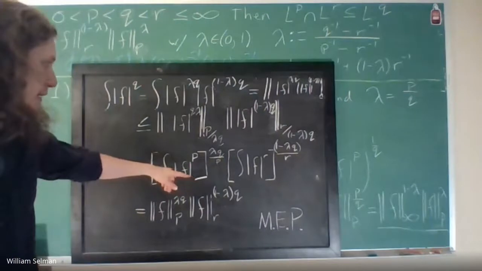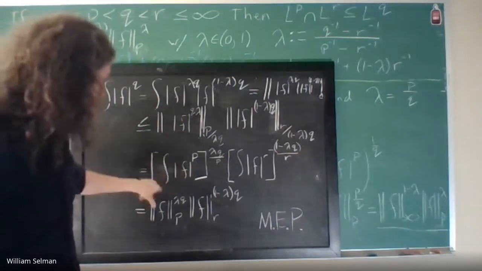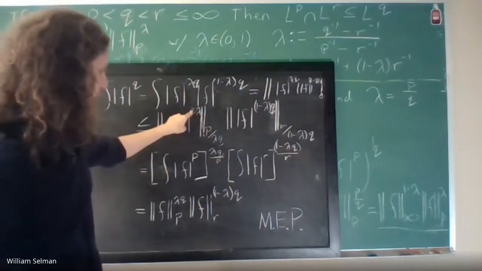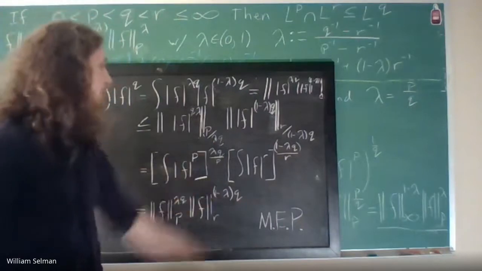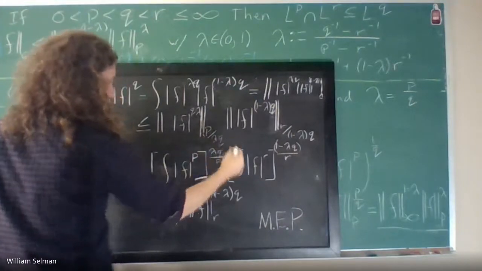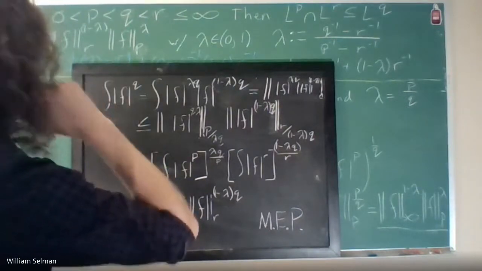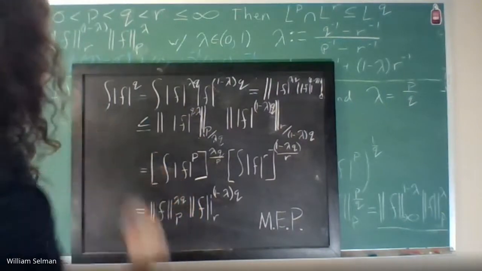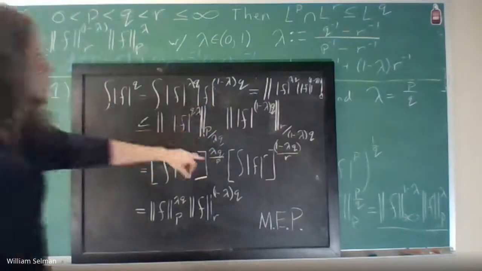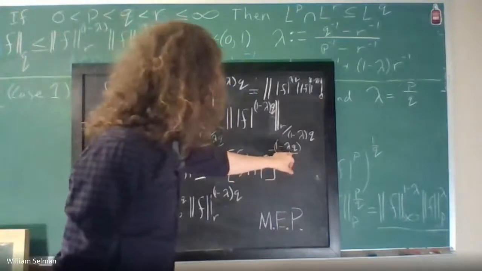So we can rewrite this as the integral of f to the p over lambda q, but it's already to the lambda qth power, so the lambda q's cancel and we're left with p, and then the exponent of the whole thing is going to be the inverse of this, because when you take the LP norm, you take the reciprocal of the power of the entire integral. So same thing here, and we get the reciprocal here.